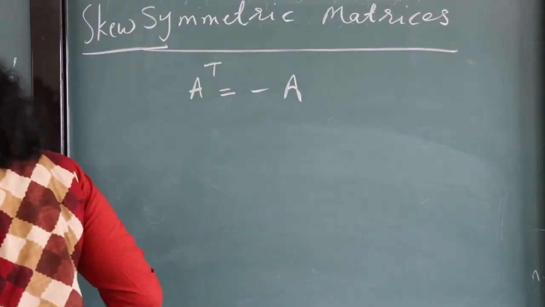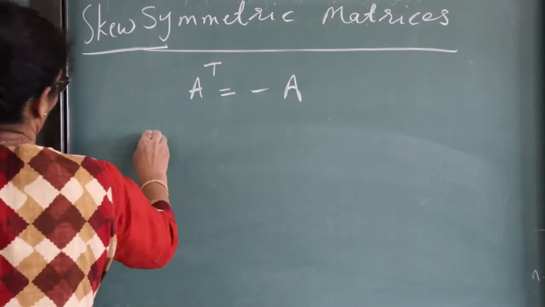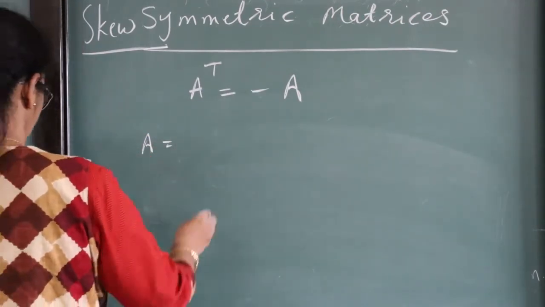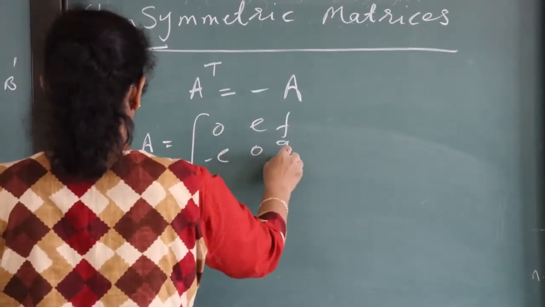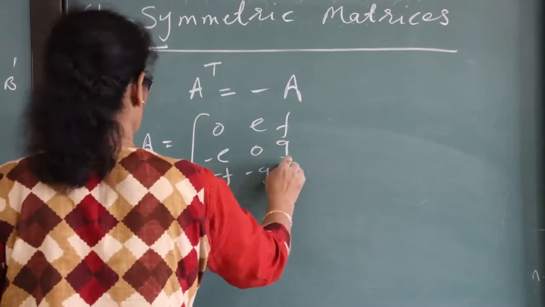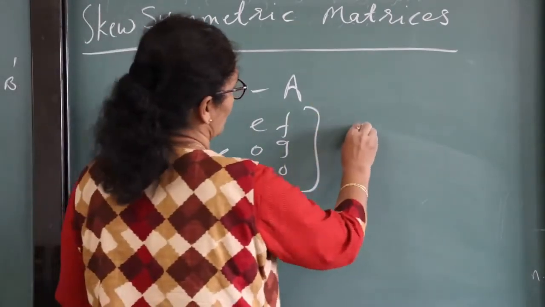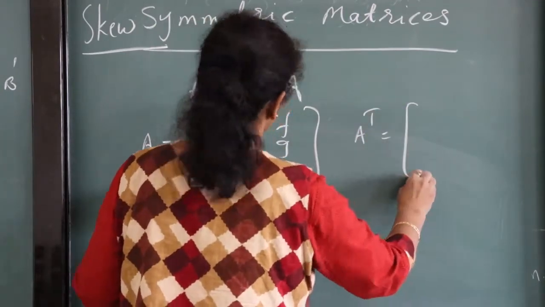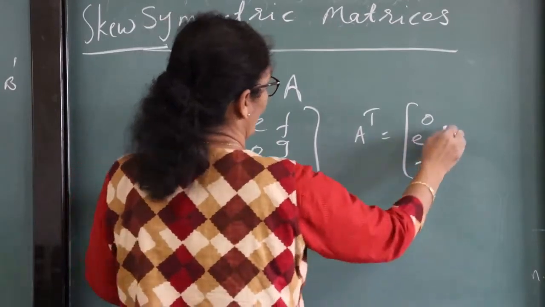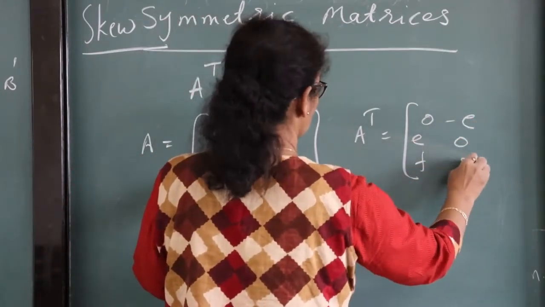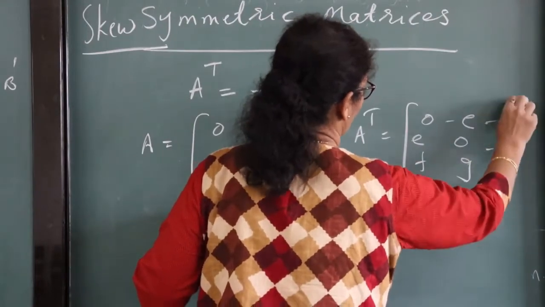For skew symmetric, we are taking one example. Matrix A as 0, E, F, minus E, 0, G, minus F, minus G, 0. Now check. When you write its transpose, what is its transpose? 0, minus E, minus F, E, 0, minus G, F, G and 0.